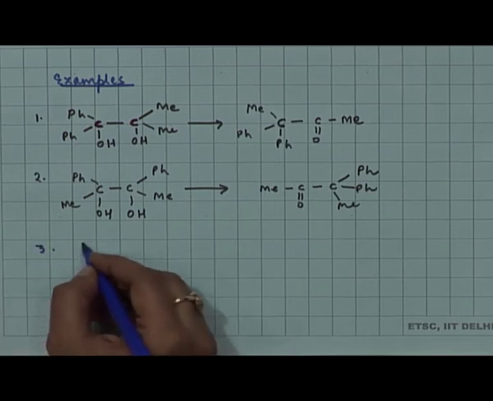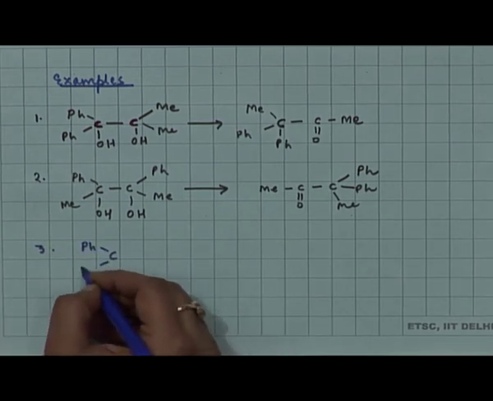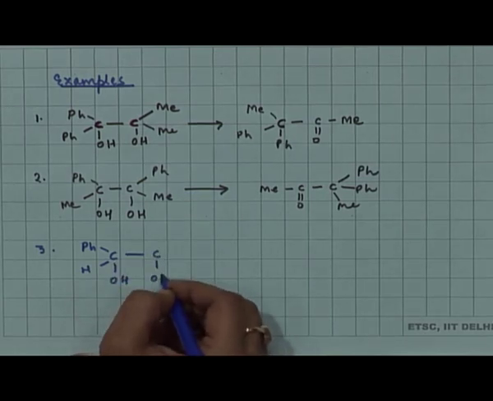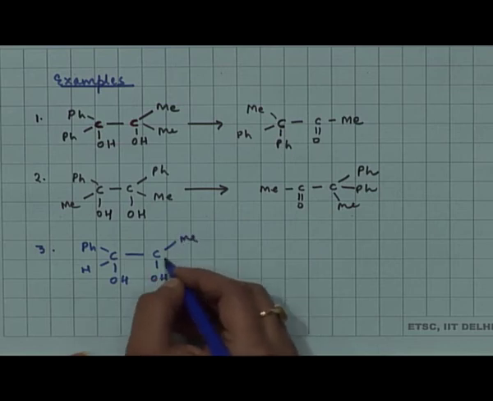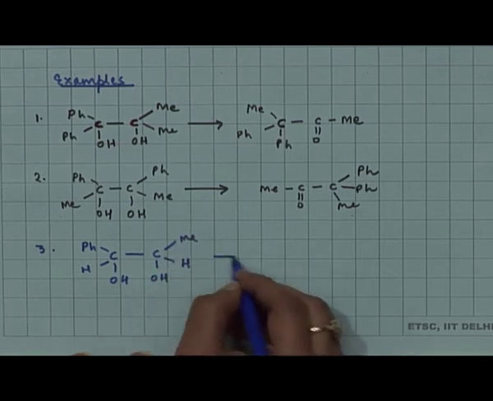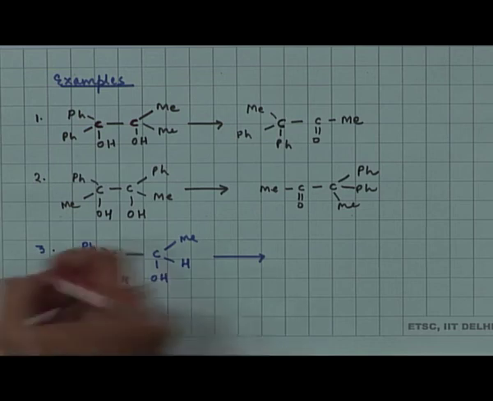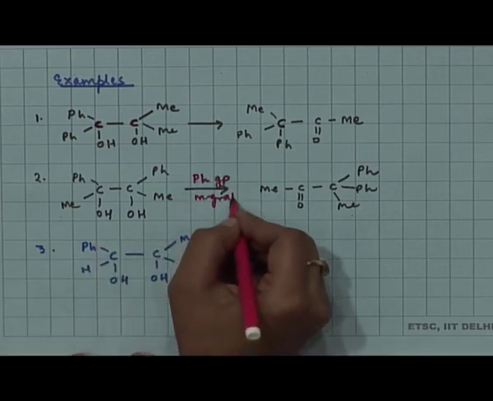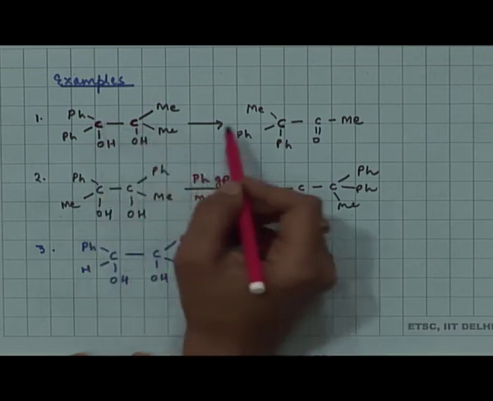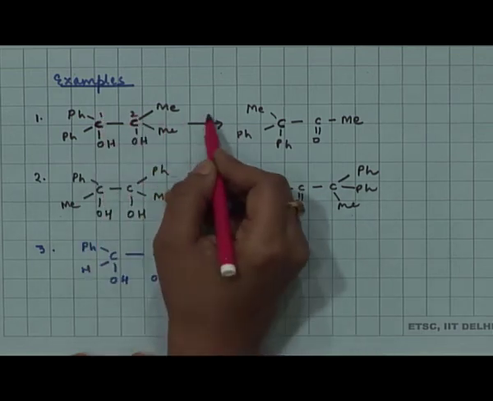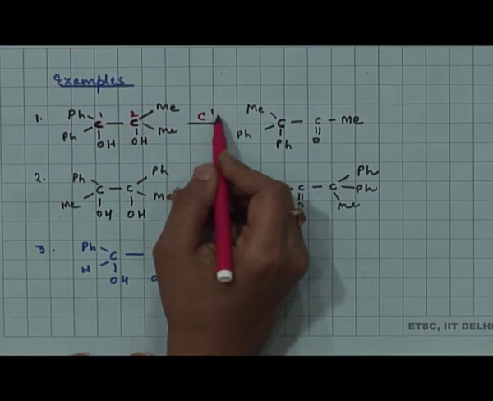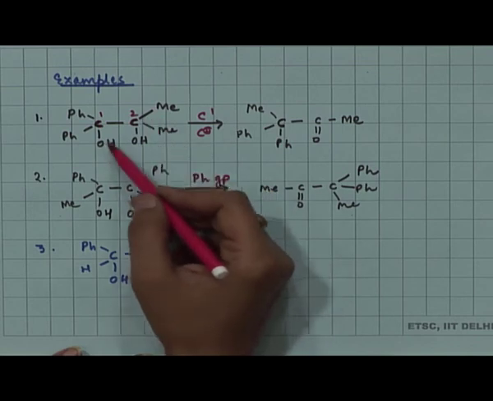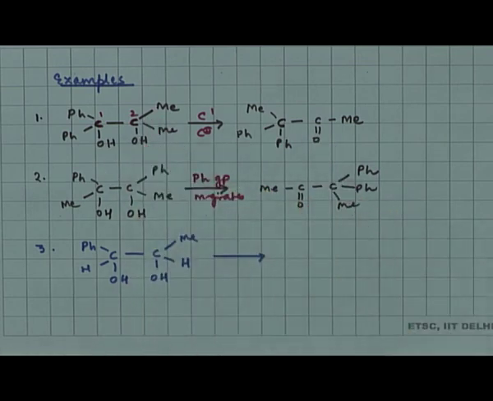Try solving this one. I can just write in this case that here a phenyl group is the one which migrates, and in this case the carbocation is getting generated on carbon 1. So, this forms the carbocation, so that the methyl migration takes place and you get a ketone on carbon 2.